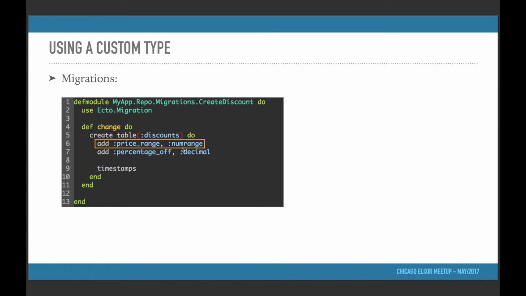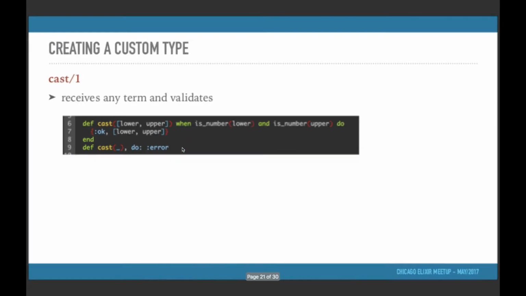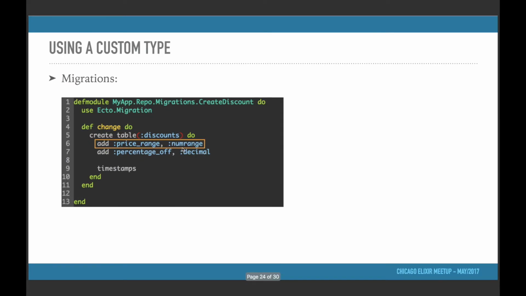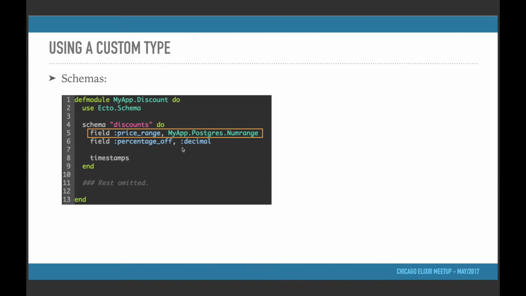And this is the name that I set here in the type function. The schema, now I need to add that data type to be used in one of my fields. Here, I just pass the module that has the behavior that I'm using. Simple too.